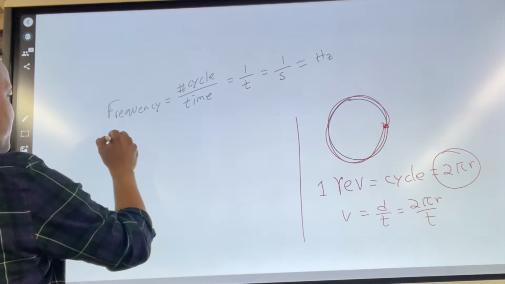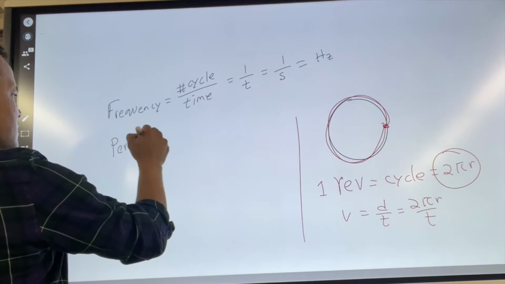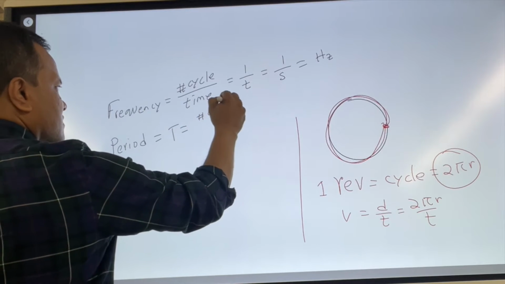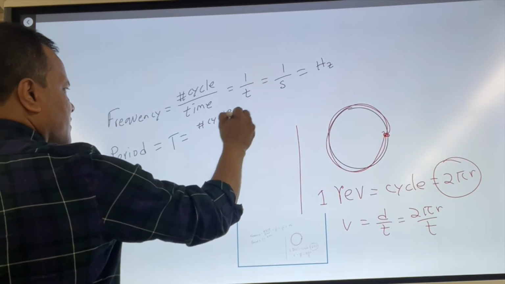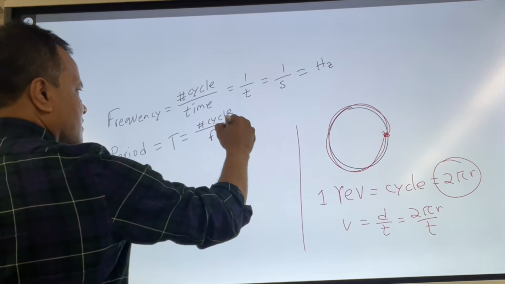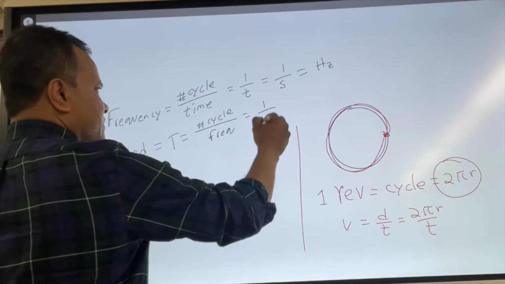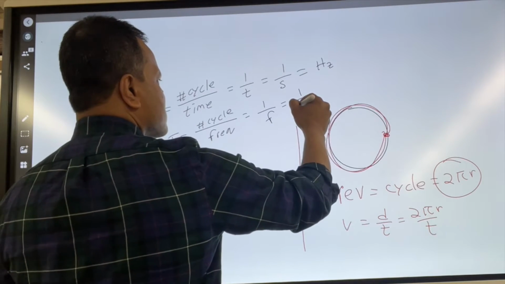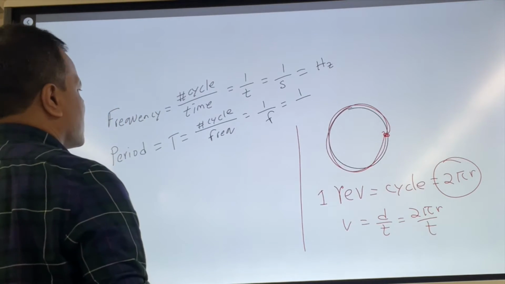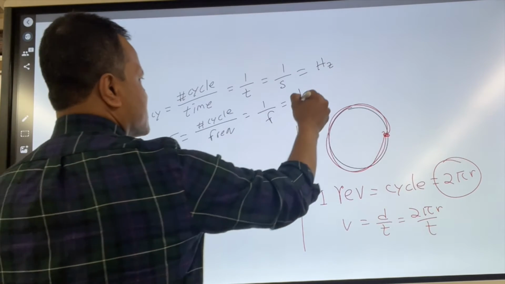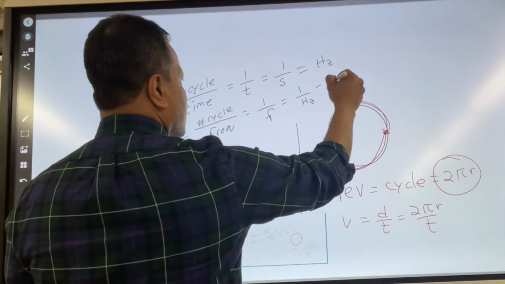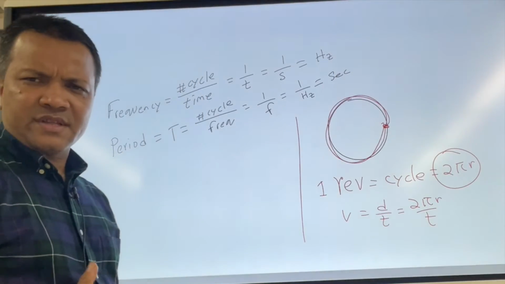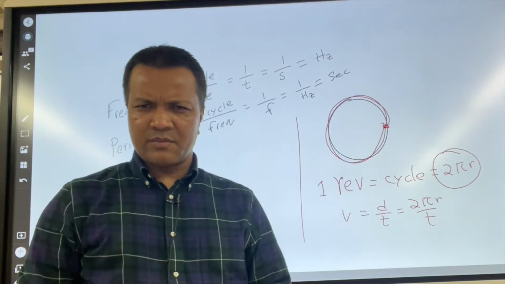And the time, the period, whose symbol is t, is number of cycles over frequency, which is 1 over f, which is 1 over hertz. Okay, so 1 over f, which is second. Alright, so these are the two formulas you need to use to solve the problems that we are solving.